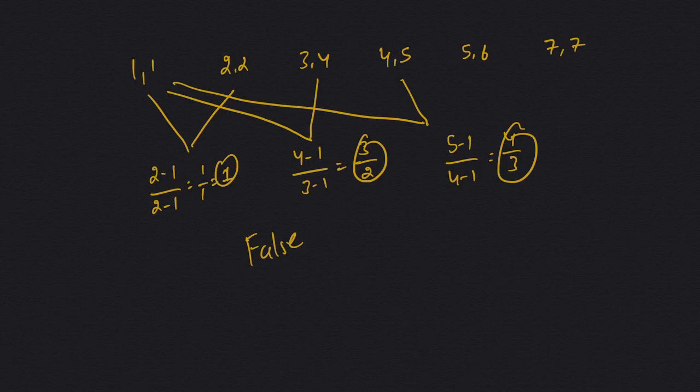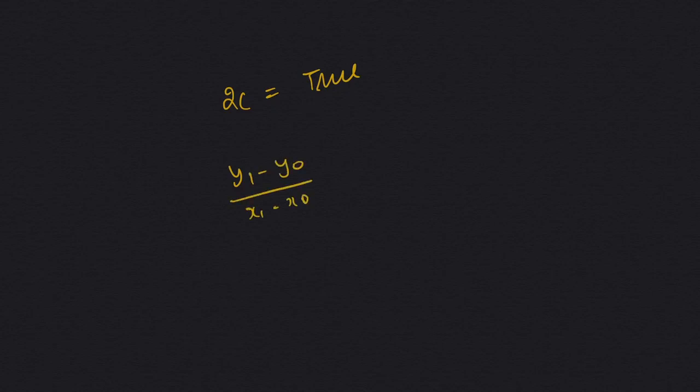So what is the takeaway? If we have two coordinates, we will simply return true. If we have more than two coordinates, then we are going to calculate the slope. And what is the way for that? We can use (y1 minus y0) divided by (x1 minus x0) if not equal to (y minus y0) divided by (x minus x0).